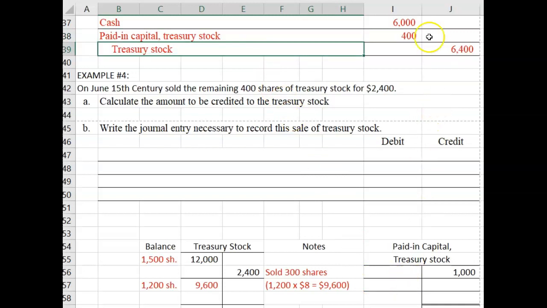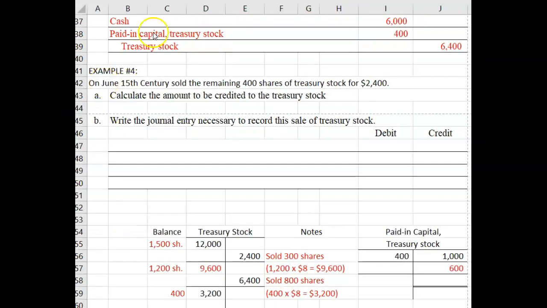Now let's post this debit to paid-in capital and this credit to treasury stock to our T accounts. I posted this debit to paid-in capital account to our T account. It had a $1,000 credit balance minus this $400 debit, leaves a $600 credit balance in the account after this transaction.